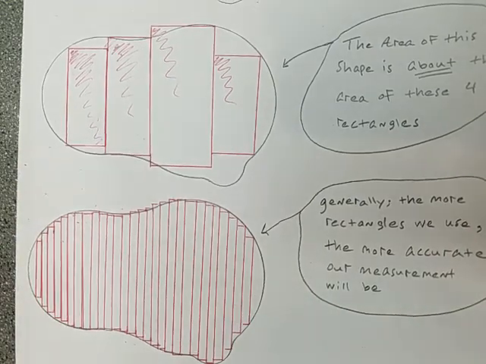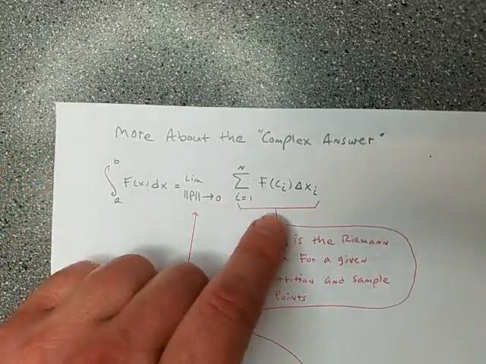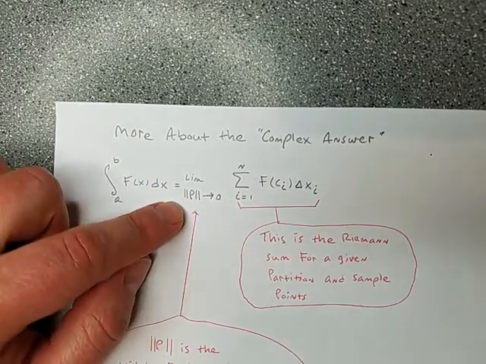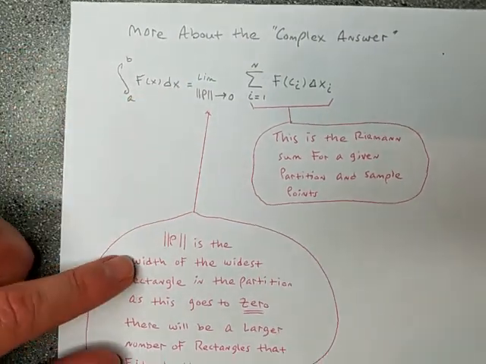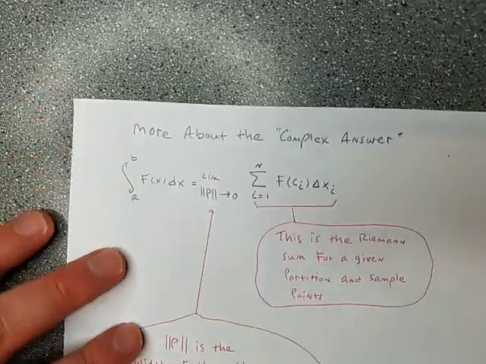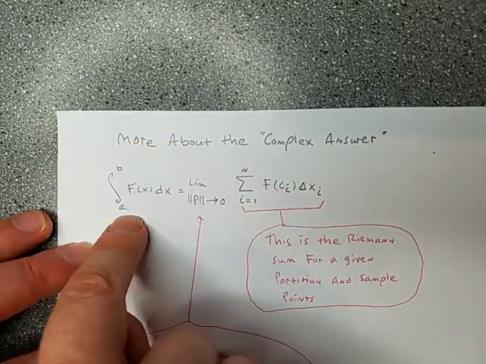That's true, okay? So this is like saying that we'll find the Riemann sum as the widest rectangle goes to 0. That means there will be more of them. That means they'll fit better. So that's why I can give my area interpretation of this.